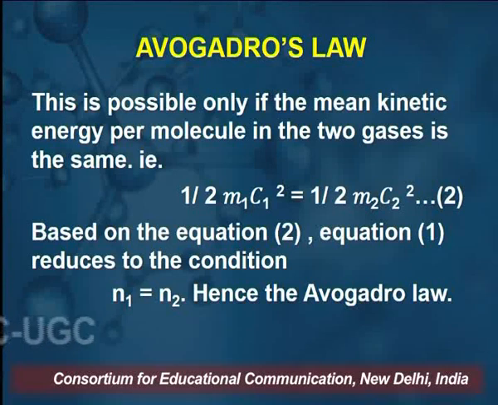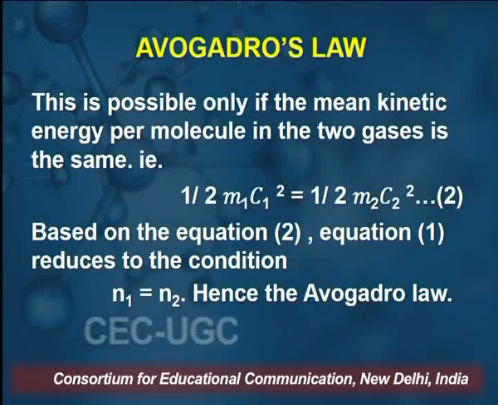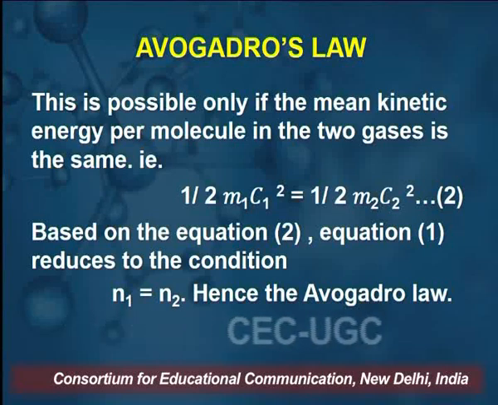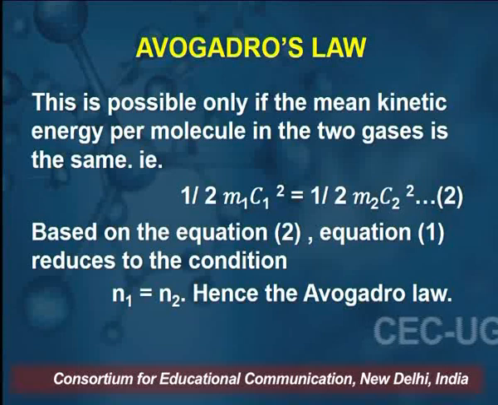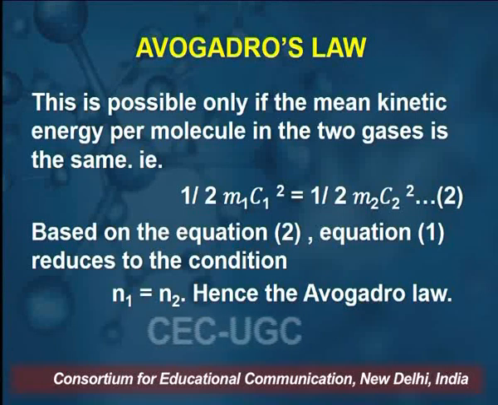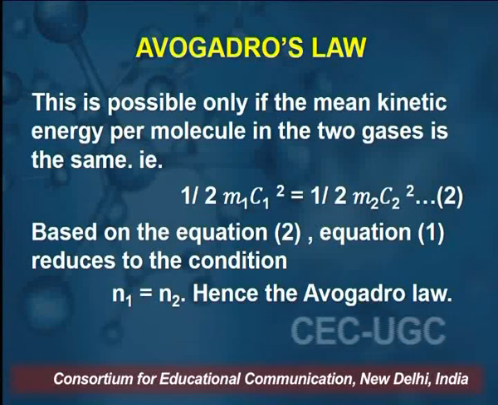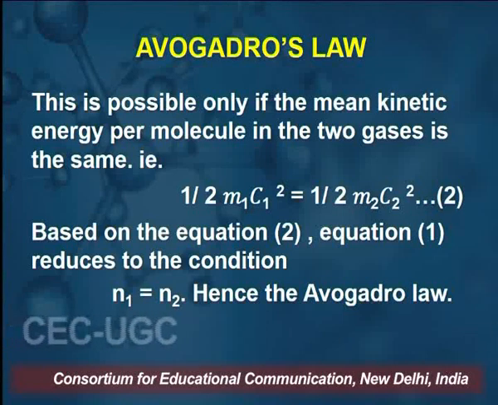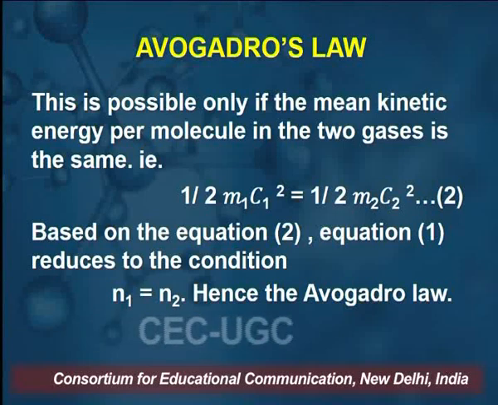Call this expression 2. Based on equation 2, equation 1 reduces to the condition N1 = N2. This is Avogadro's law. So we have been able to prove Avogadro's law from the expression of pressure, which was derived from the assumptions of kinetic theory of gases.